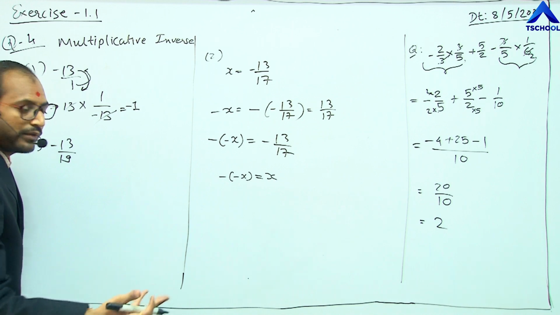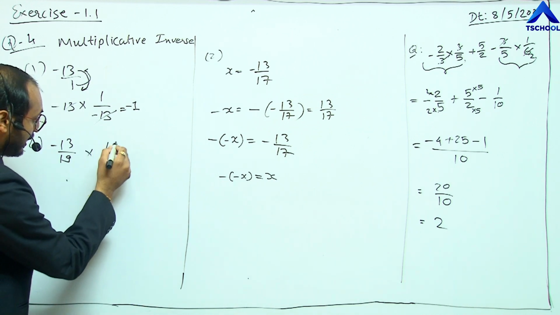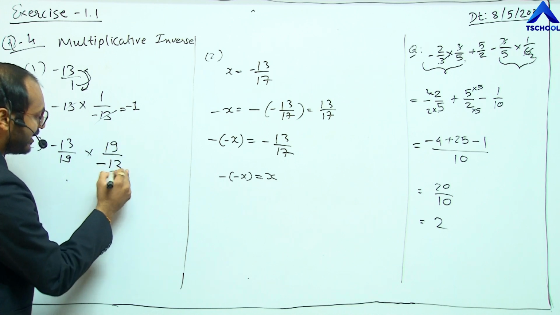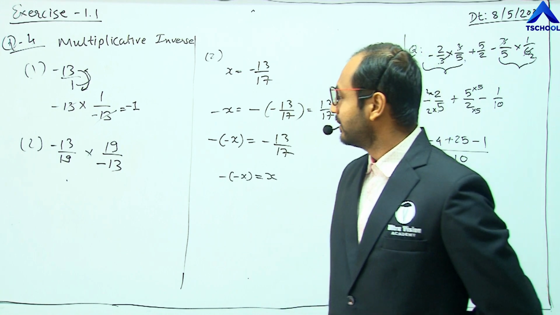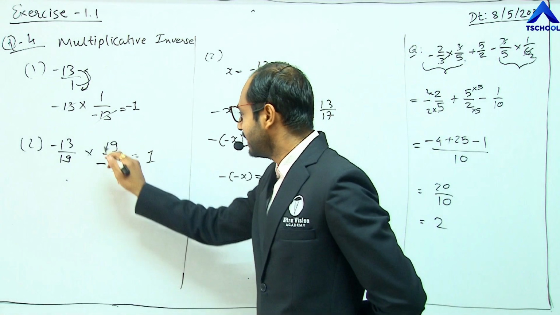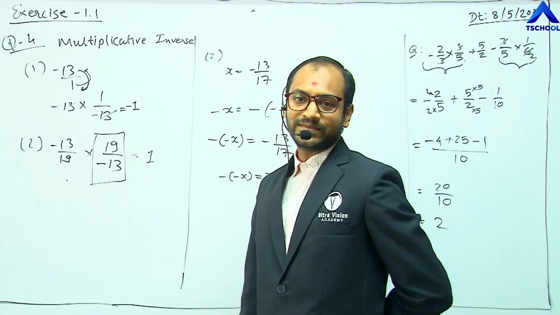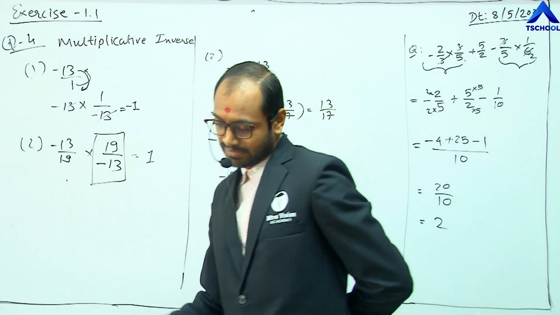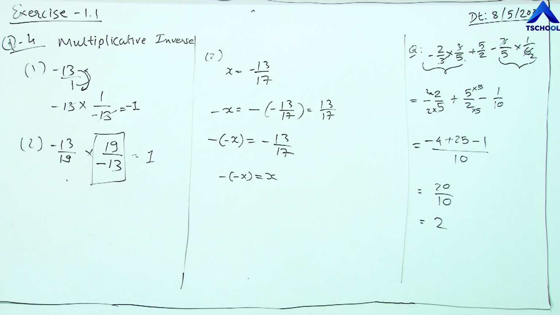So the reciprocal of this number is 19 upon minus 13. That gives result 1. So this is the multiplicative inverse. Clear?